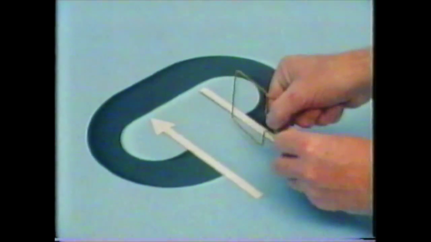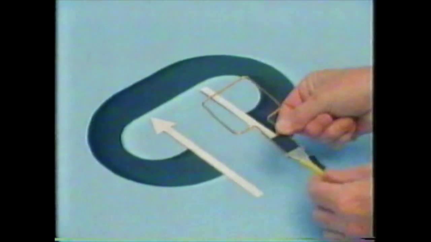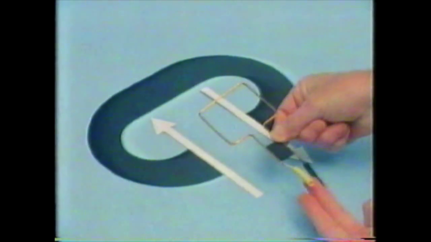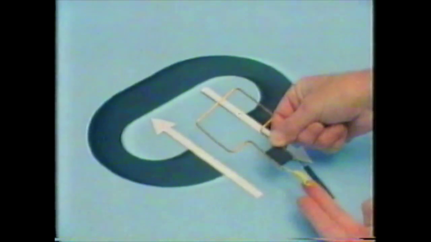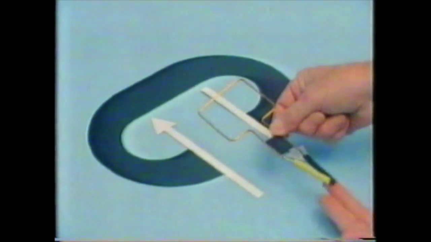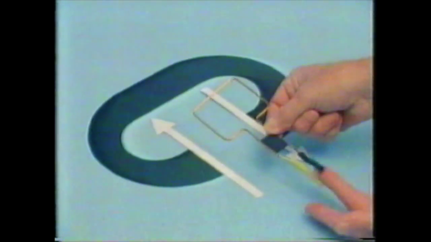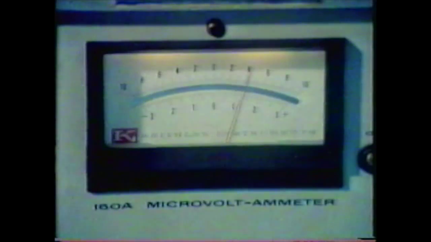So, as the loop rotates, current passes first in one direction, then the other, and alternating current is produced. The current along the yellow lead is first traveling one way, then the other, as the loop turns, while that along the black lead is always flowing in the opposite direction, first one way, then the other.